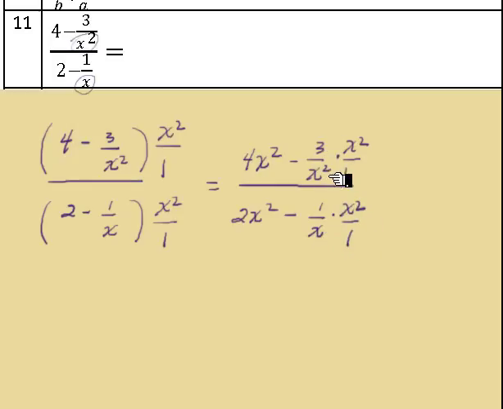So now we'll cancel in the second step, cross off this x squared with this one. And here, x divides into x squared, and we're left with x. Let's write what we have left. So here we have 4x squared in the numerator, minus 3. And in the denominator, we have 2x squared minus x.